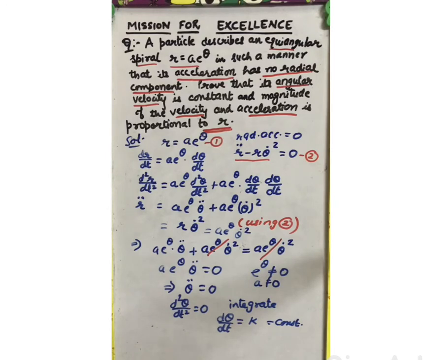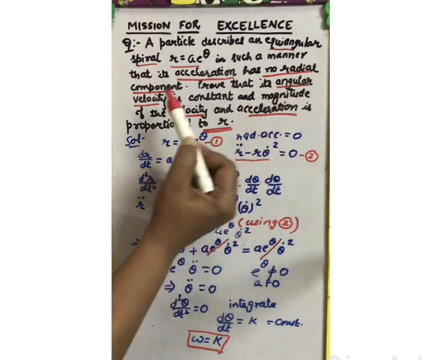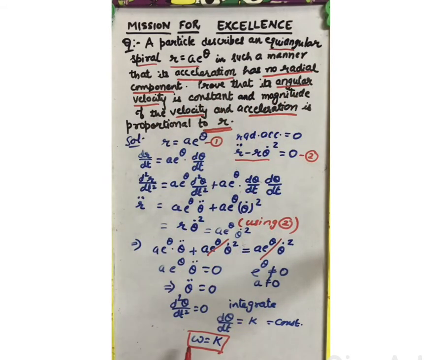And we know that d theta by dt is omega, so we get omega equal to k as constant. So we have proved this first part, its angular velocity is constant.